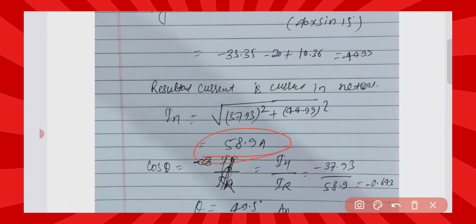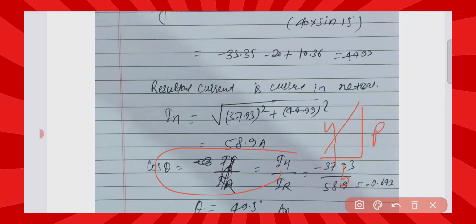So the resultant we can get here is 58.9 ampere. Now we have to calculate the angle. As we know from the Pythagoras theorem, this is theta, cos theta is equal to B by H, base over hypotenuse.